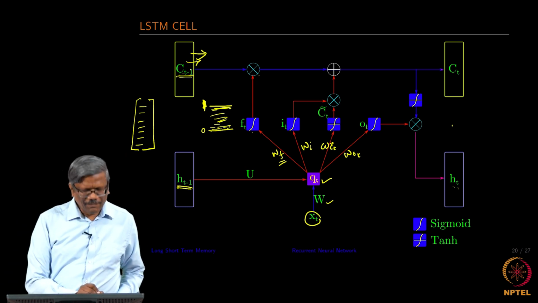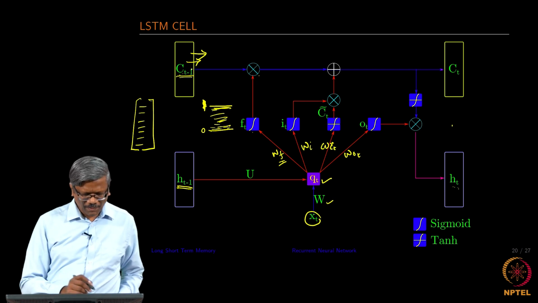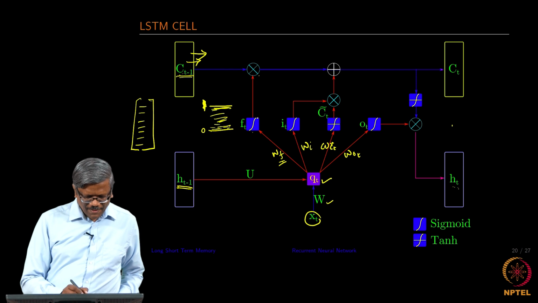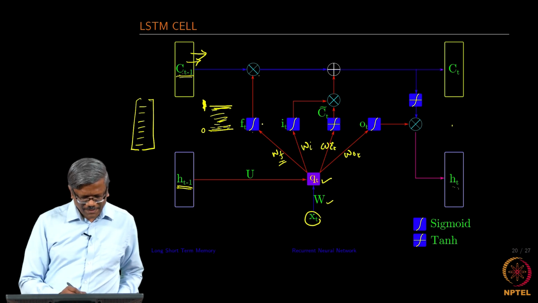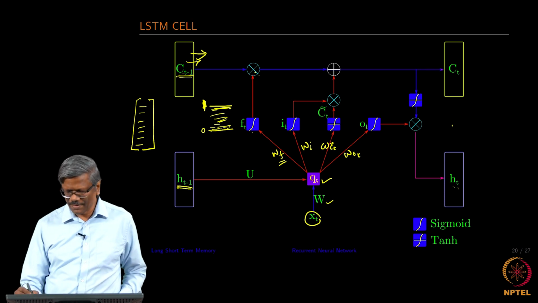We take the value from the previous memory cell, assuming that it is computed, okay, and then do an element wise multiplication of this. So, what happens when you do an element wise multiplication?